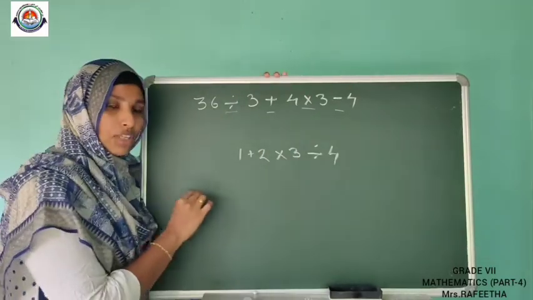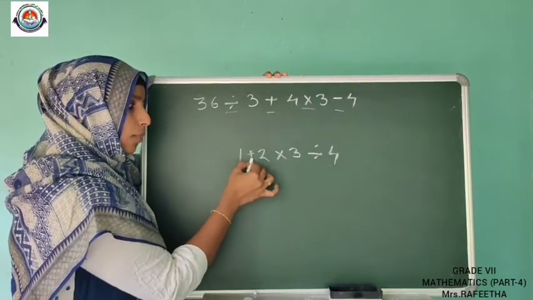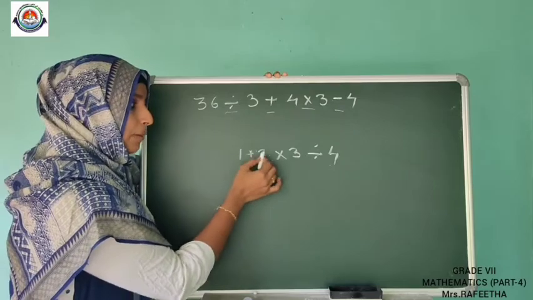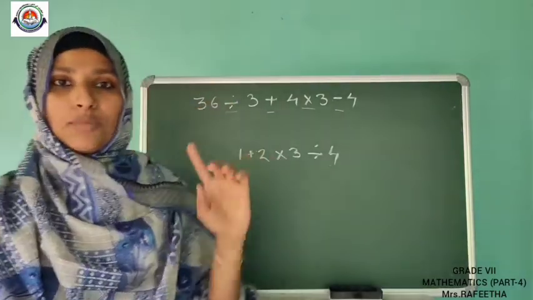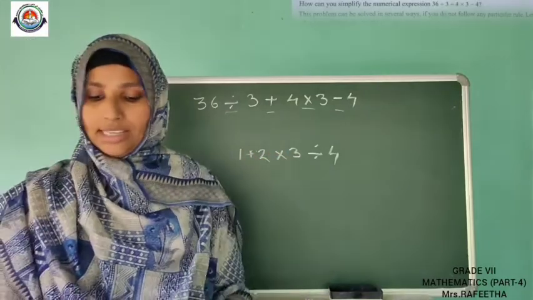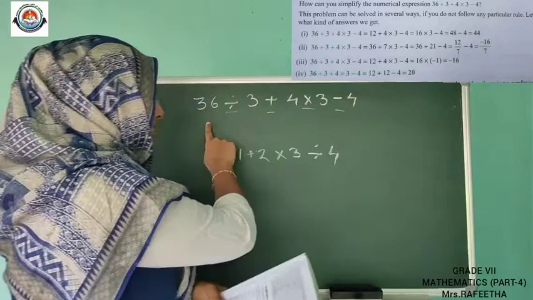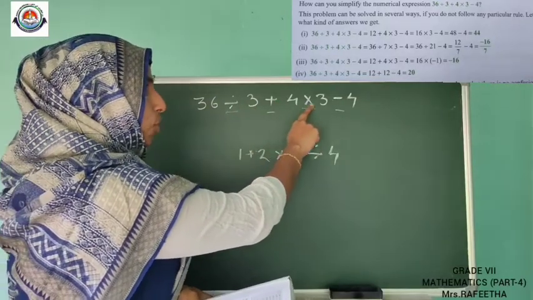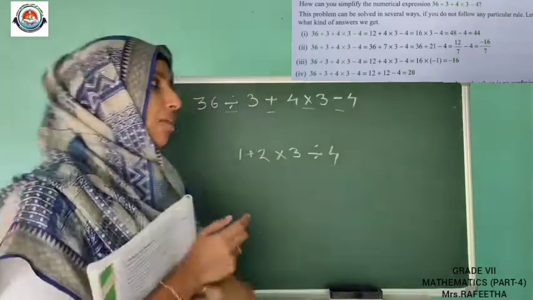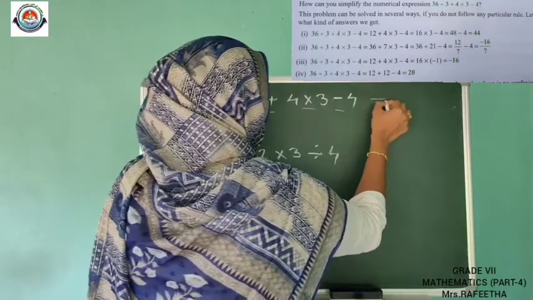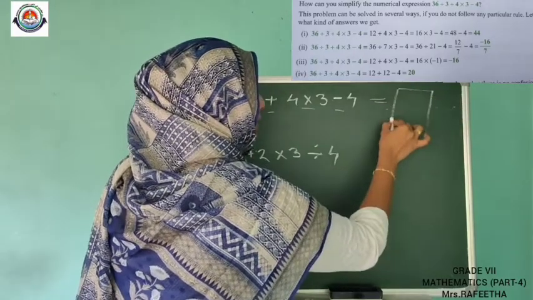Now, numerical expressions are expressions which include numbers and operations like addition, subtraction, multiplication, division. In your textbook, see this picture: 36 divided by 3 plus 4 into 3 minus 4. This is a numerical expression. We can find its value, that is the total. If we want to perform these operations, what will be the answer?